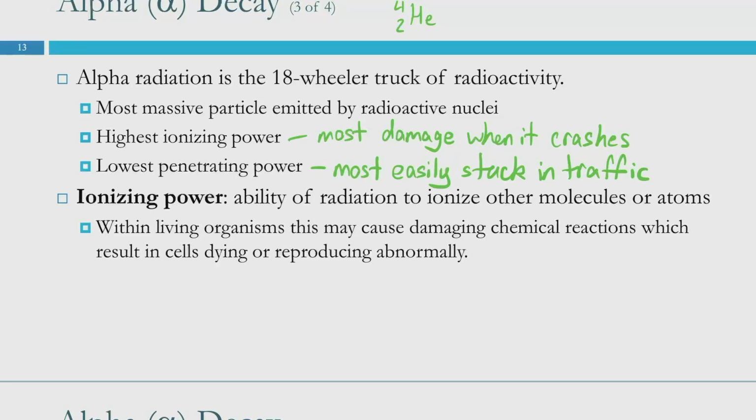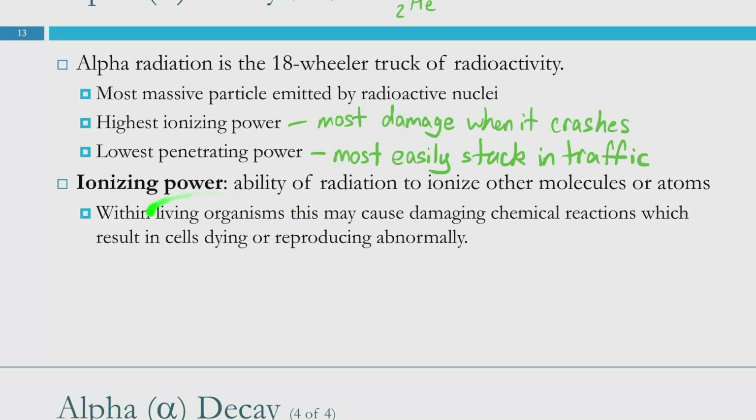The ionizing power is the ability for this radiation to turn other things into ions. So stealing electrons or popping off parts of a molecule or an atom or fracturing it.